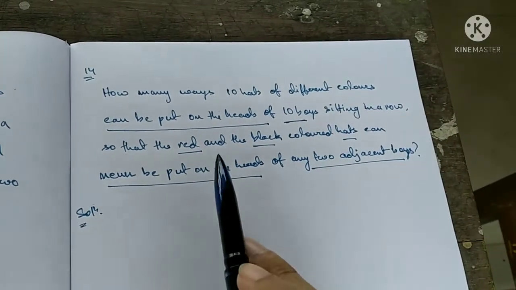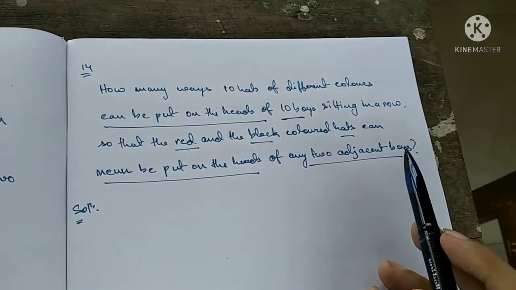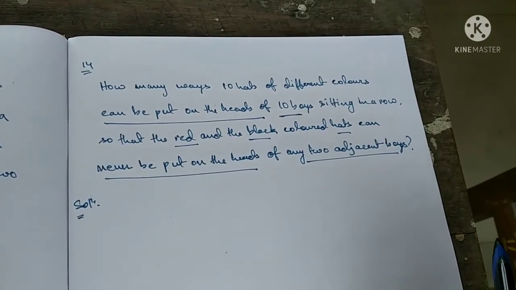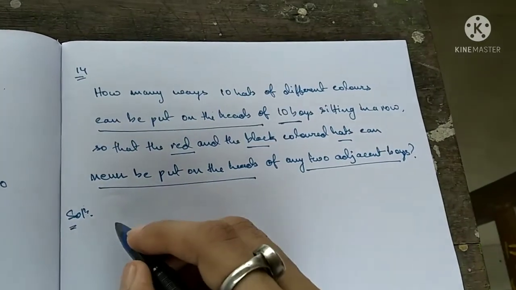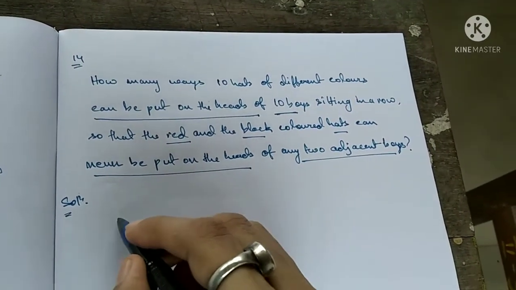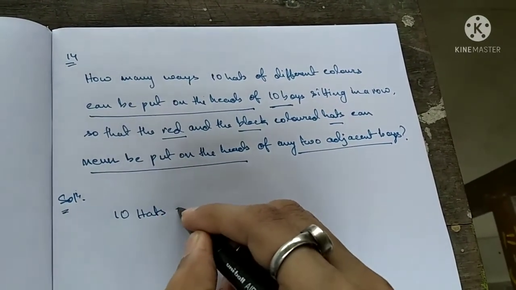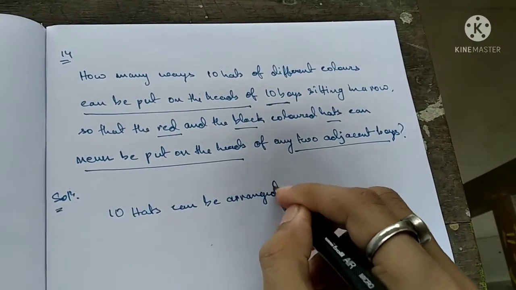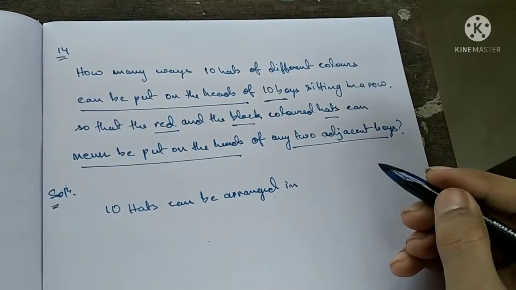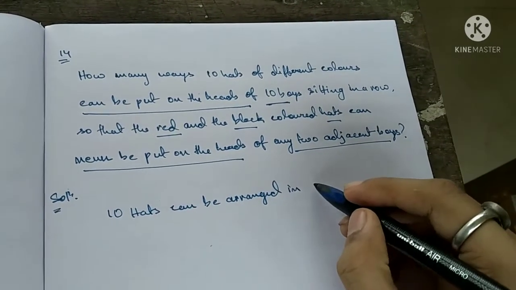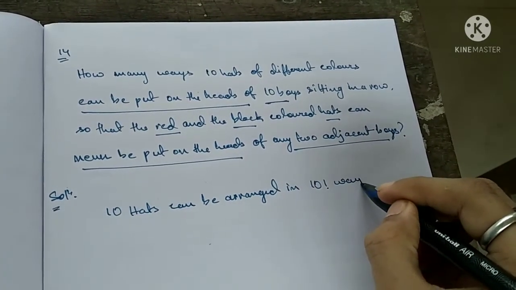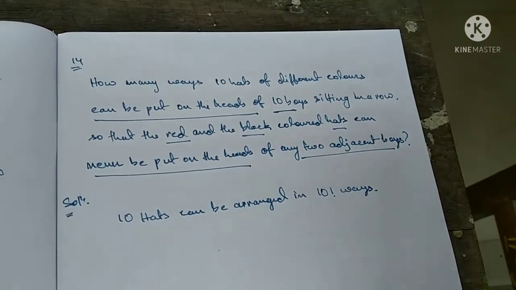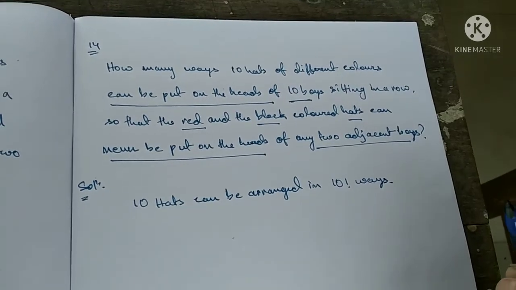Understand? So here I will write, 10 hats can be arranged in how many ways? 10 hats can be arranged in 10 factorial ways.